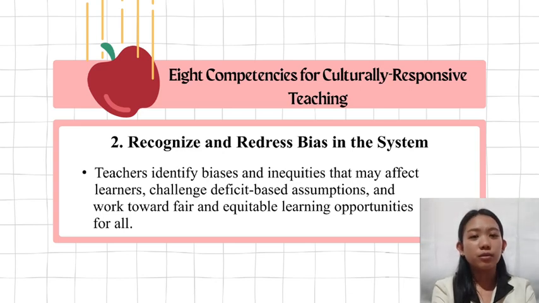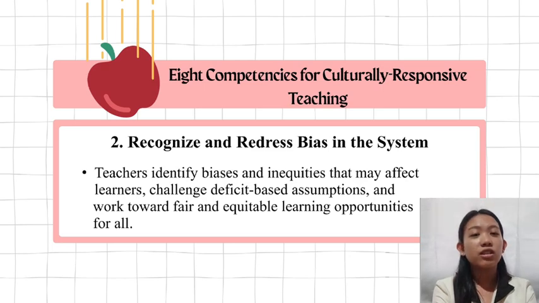So for example, assuming a learner is less capable because of their cultural or socio-economic background that can lead to lower expectations. Culturally responsive teachers challenge these assumptions and examine whether their practices are fair and equitable. The goal is to give all learners meaningful opportunities to participate, learn, and succeed.